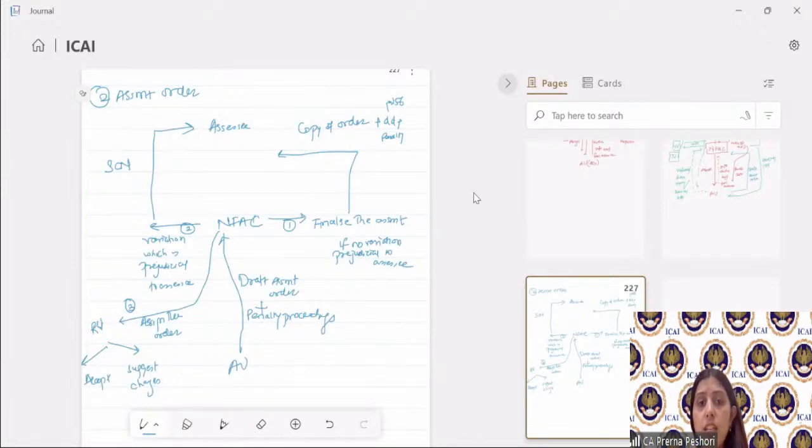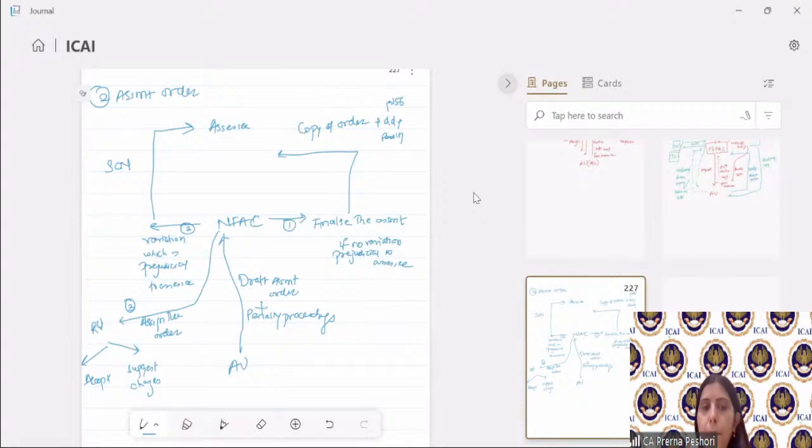Now if NFSC has received the acceptance of the review unit, then NFSC can directly finalize the assessment in case there is no variation, or it can issue a show cause notice to the assessee if there is a variation which is prejudicial to the interest of the assessee.